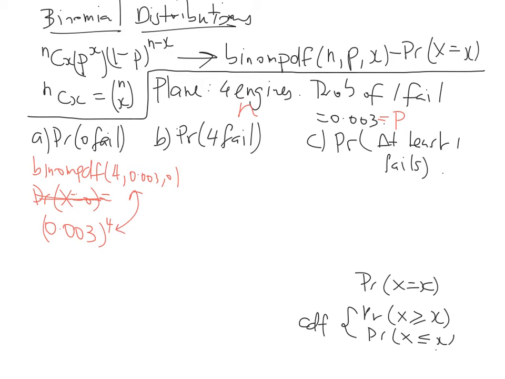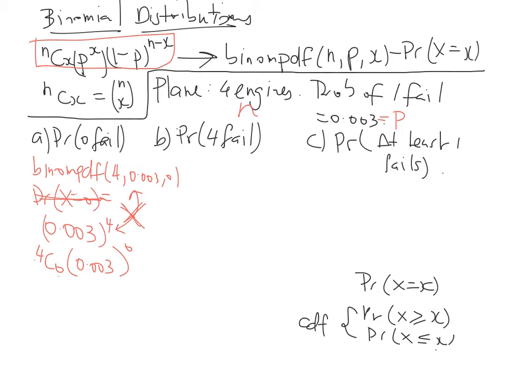That is because if we use this formula here, we use 4C0, so we're looking for 4 possible outcomes, none of them failing. Multiply that by p, which is 0.003. Actually, no, it's not that. This will end up being something else. We'll have a look at what that is in a second.